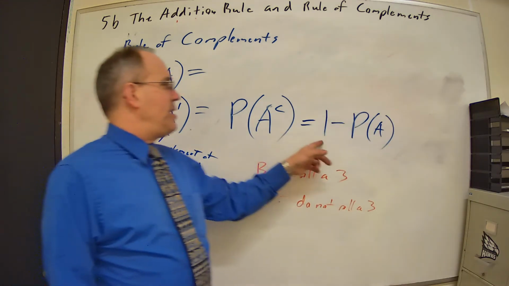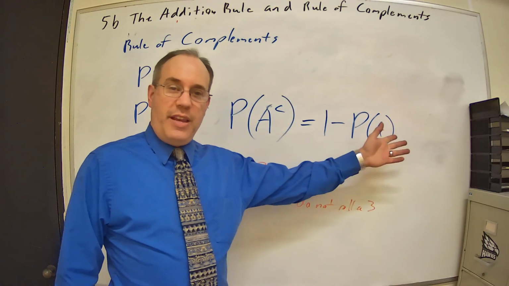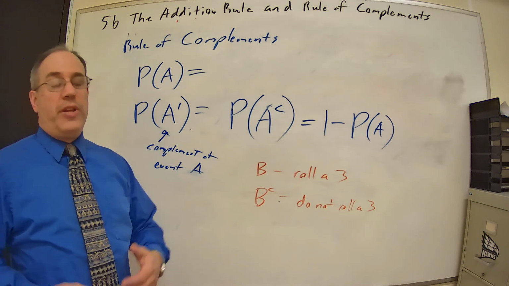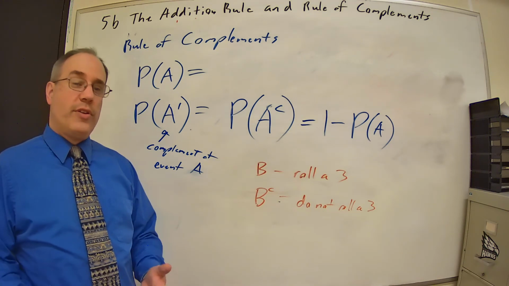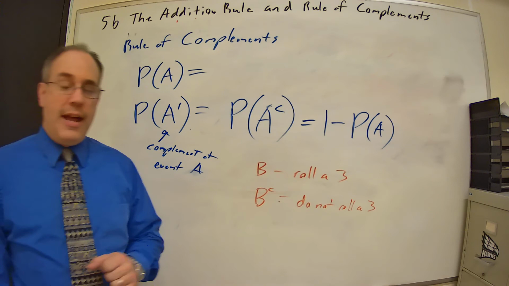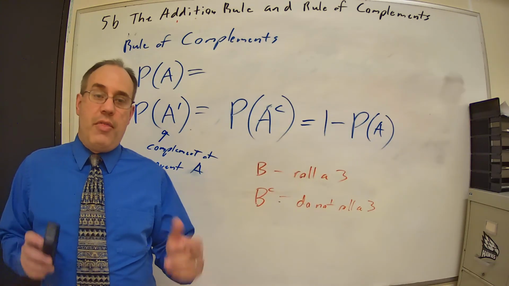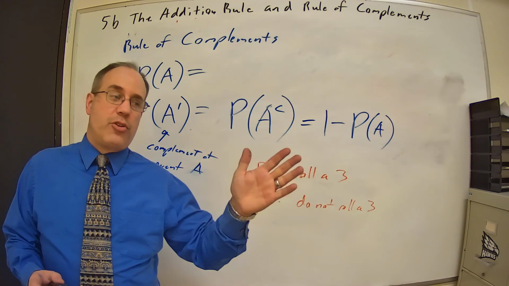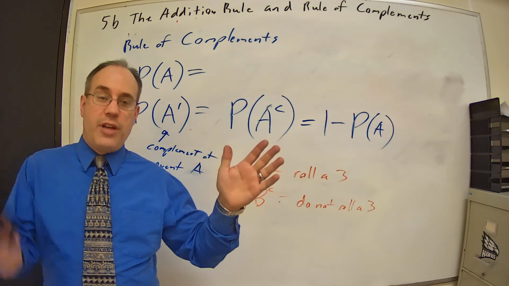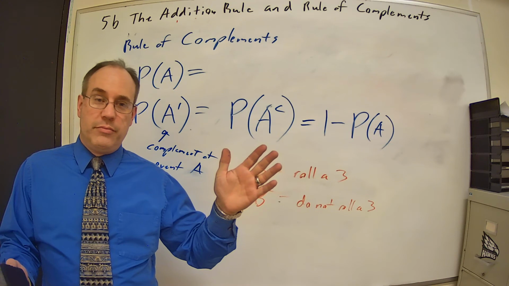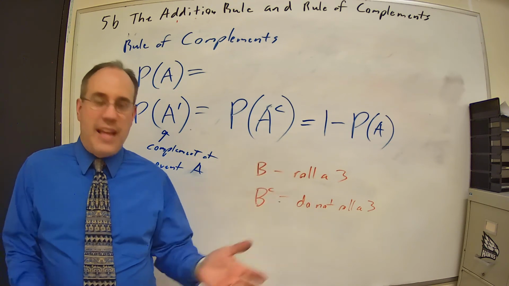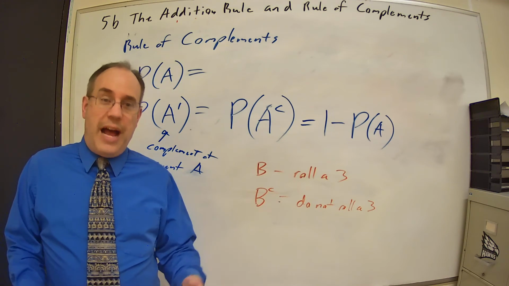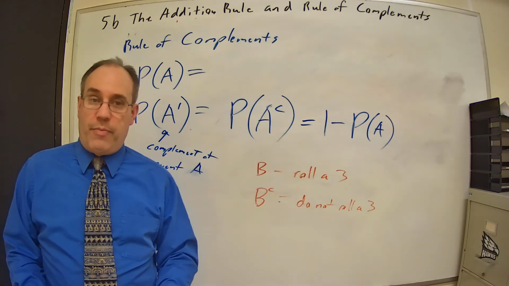Now, I said it's 1 minus the probability of event A. Well, that's pretty straightforward, that the probability that something will always occur is 1. It should make sense to you that if I want to find the probability that something occurs or it doesn't occur, it's got to be 1. Because either it's going to occur or it's not going to occur.